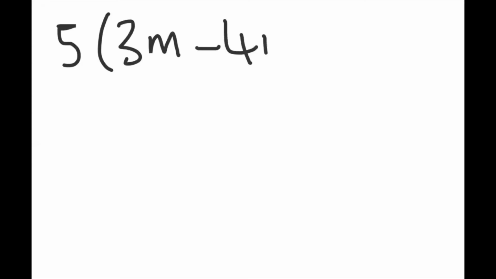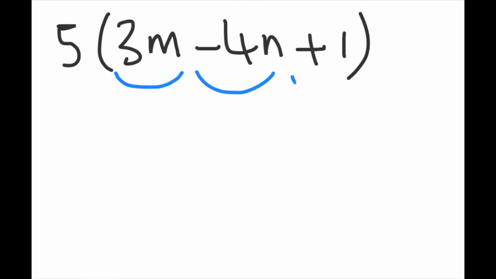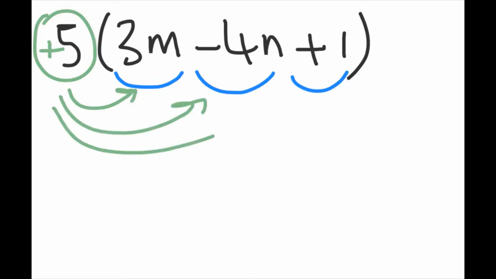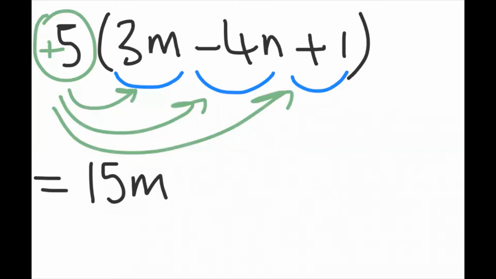5 multiplied by 3m minus 4n plus 1. So we have 3 terms here, 3m, minus 4n and plus 1. So we're going to take the 5. Remember, there's a plus in front, so we're going to multiply that with each one in the bracket. 5 times 3m gives us 15m. 5 times 4n gives us an n, and 5 times 4 is 20.